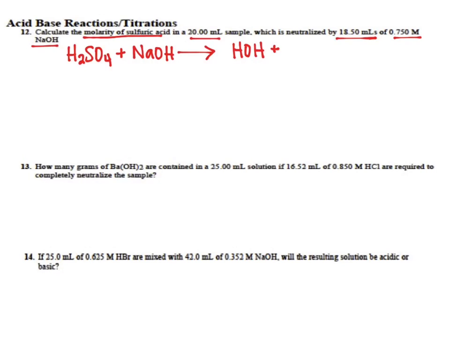And this salt this time is Na2SO4. We've got our equation. Now we need to balance it. So we need a 2 in front of NaOH and a 2 in front of HOH. And I write water as HOH in these just because it's easier to balance for me.